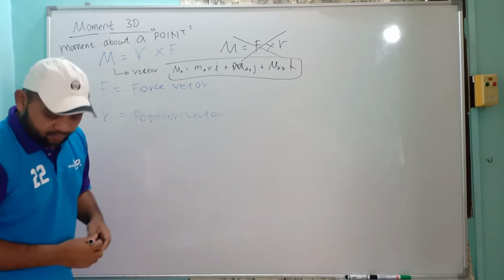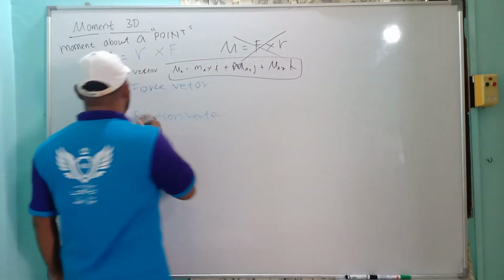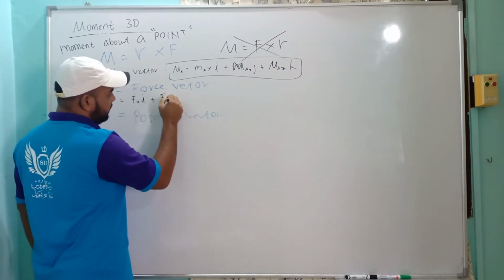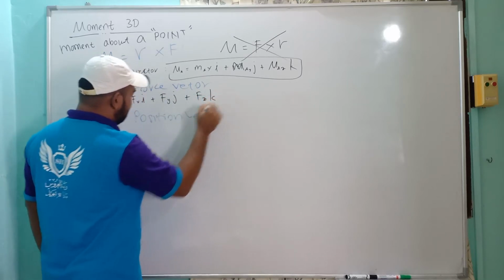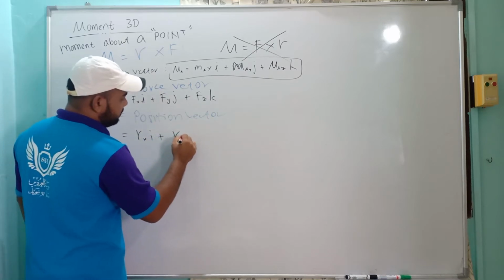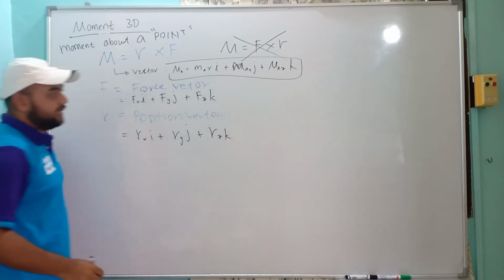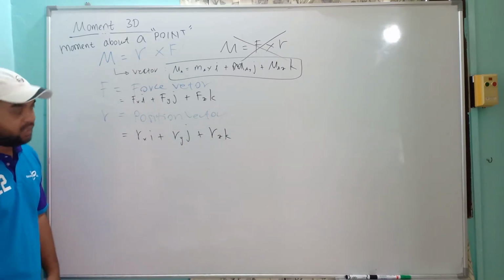Let me write here F equal to Fx i plus Fy j plus Fz k, and R equal to Rx i plus Ry j plus Rz k. So all in 3 dimensions.